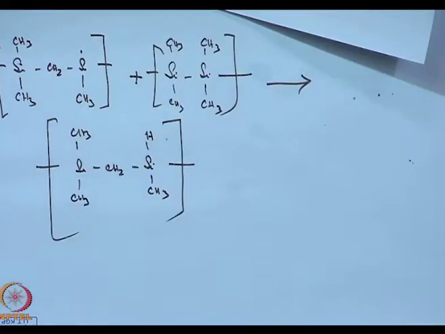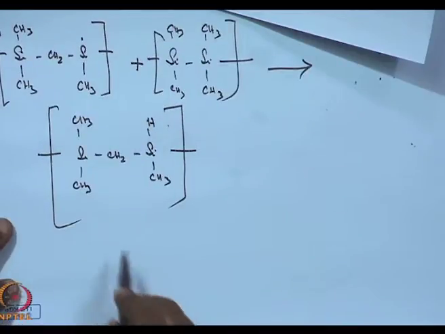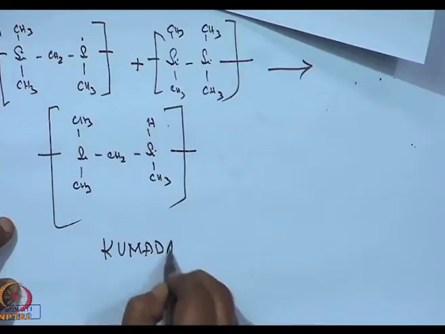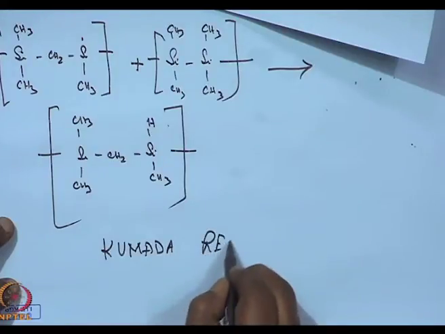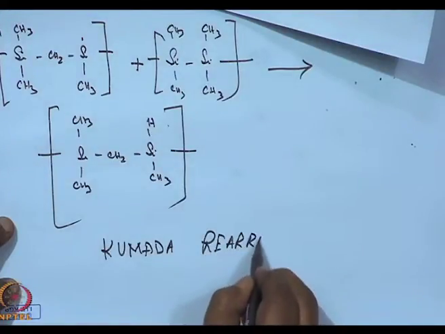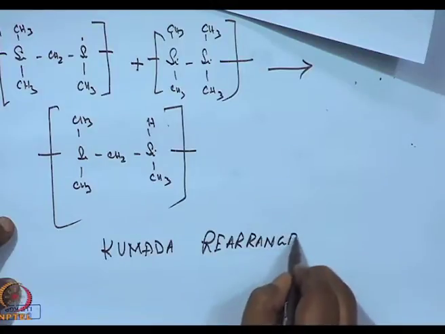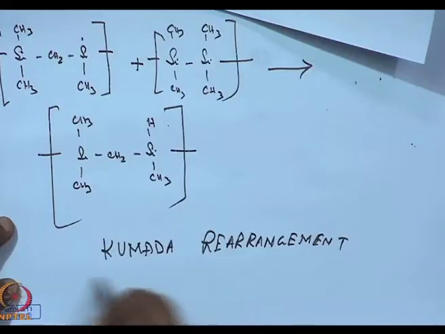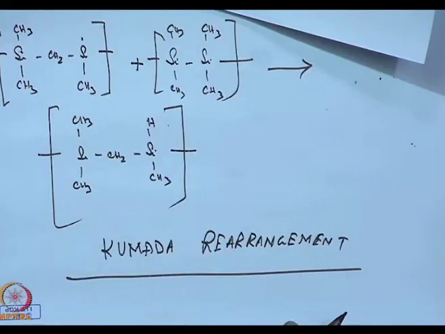This particular SiC chain. This is called a Kumada rearrangement.